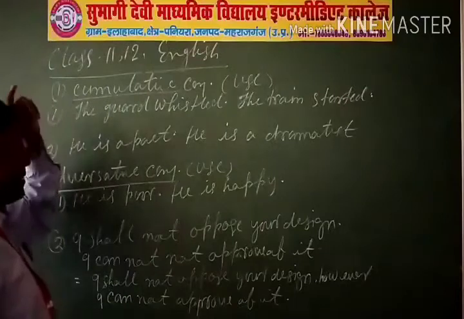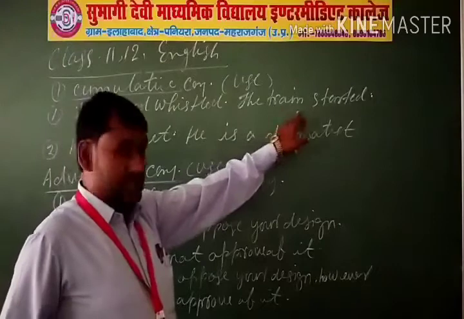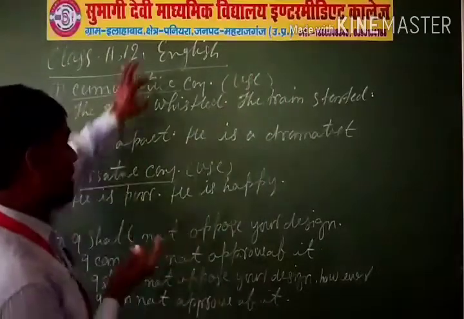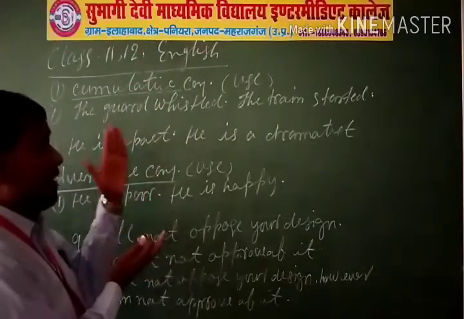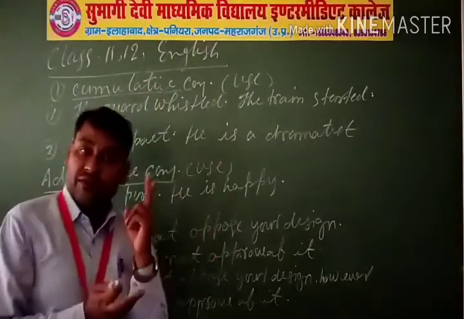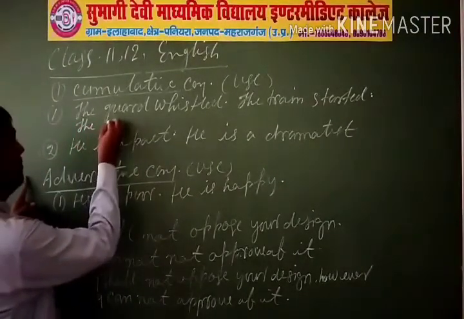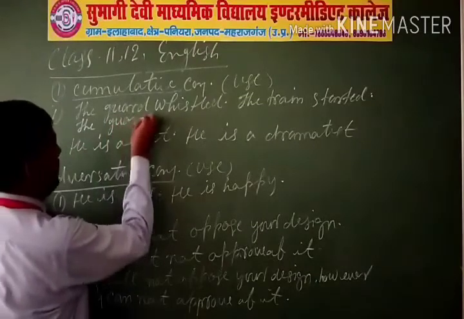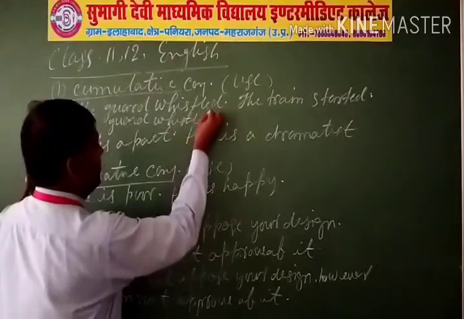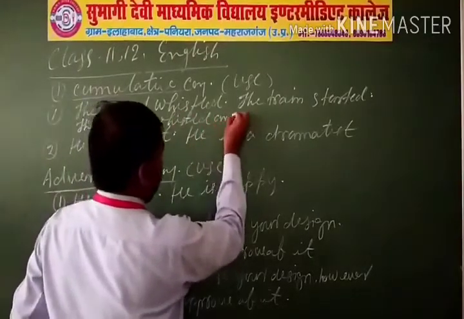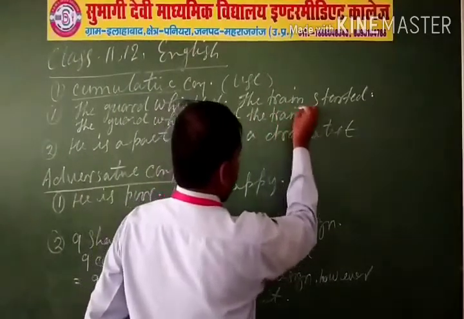First example: the guard whistled, and the second sentence, the train started. By the help of cumulative conjunction, we join these into one compound sentence: the guard whistled and the train started.